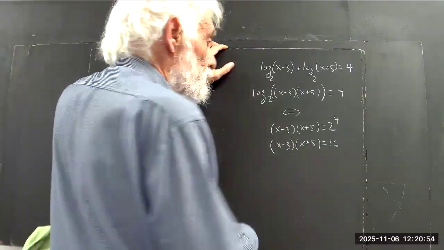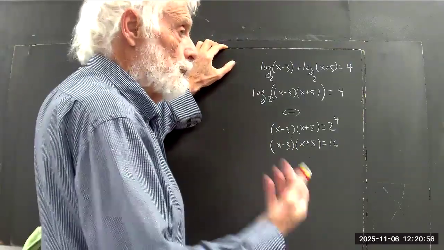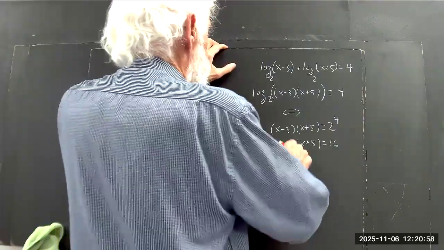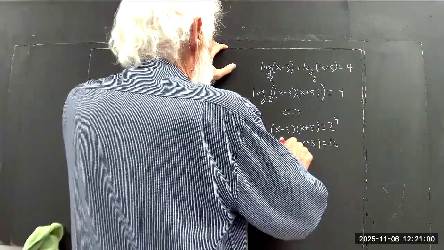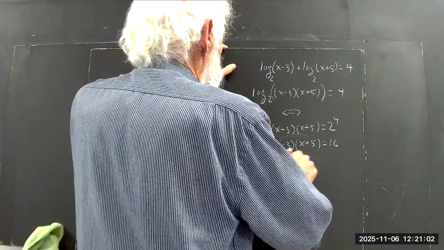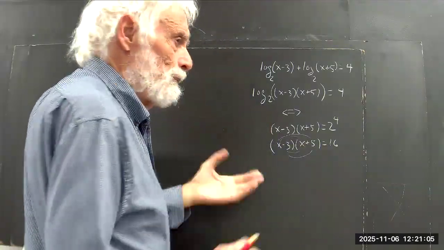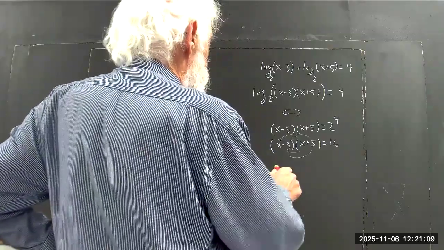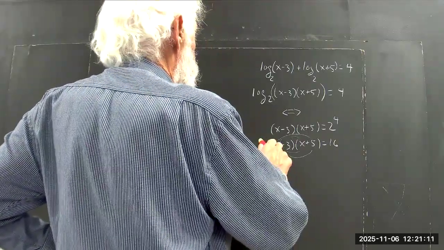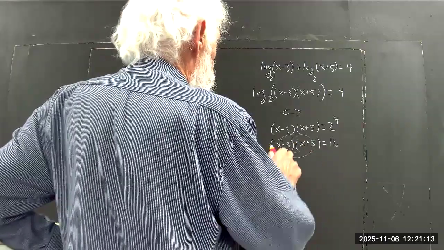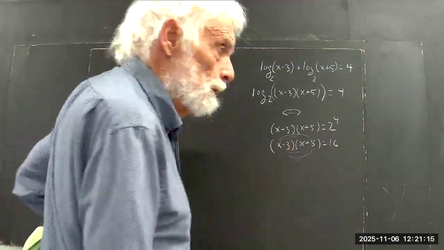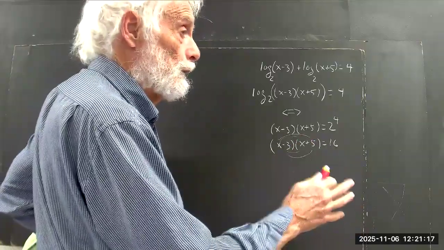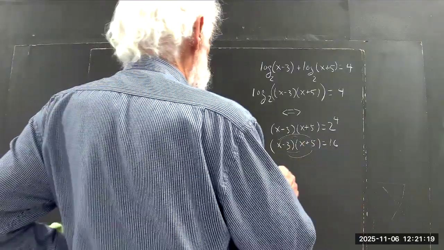If we expand this using the distributive law, I recommend that you still write out all the steps and don't do the little arcs. Although I confess I did that for a long time when I first learned algebra. You want to write this as x times the quantity x plus 5 minus 3 times the quantity x plus 5, just to keep reminding yourself of what the distributive law says.